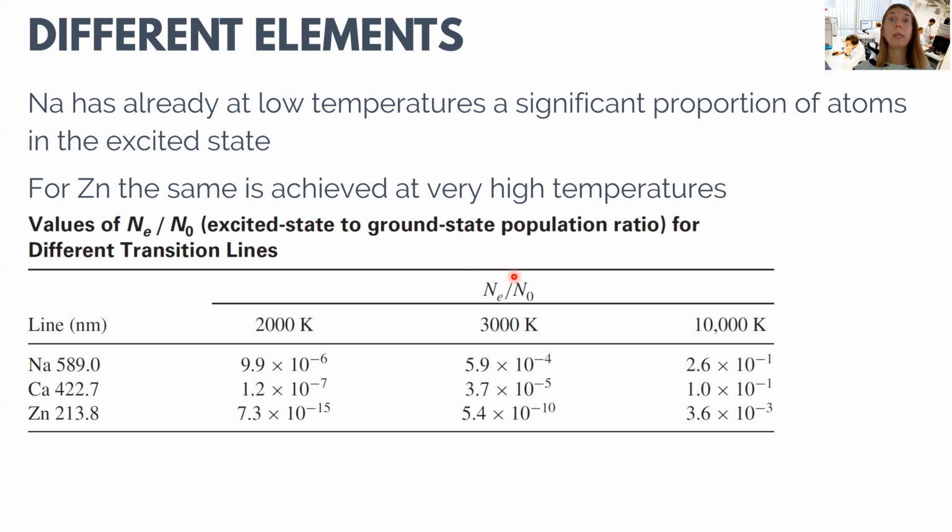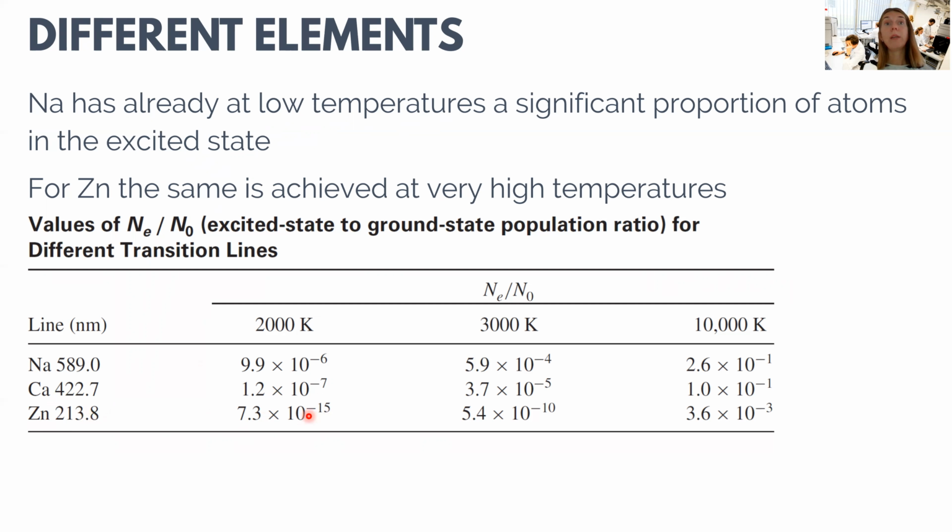And we can see that at 2000 kelvins for the sodium line at 589 nanometers, this ratio is already about 0.01%, which is small, but it is an amount that we can account for, which could already give us some kind of sensitivity. While for the zinc line at 213, this ratio is extremely small.